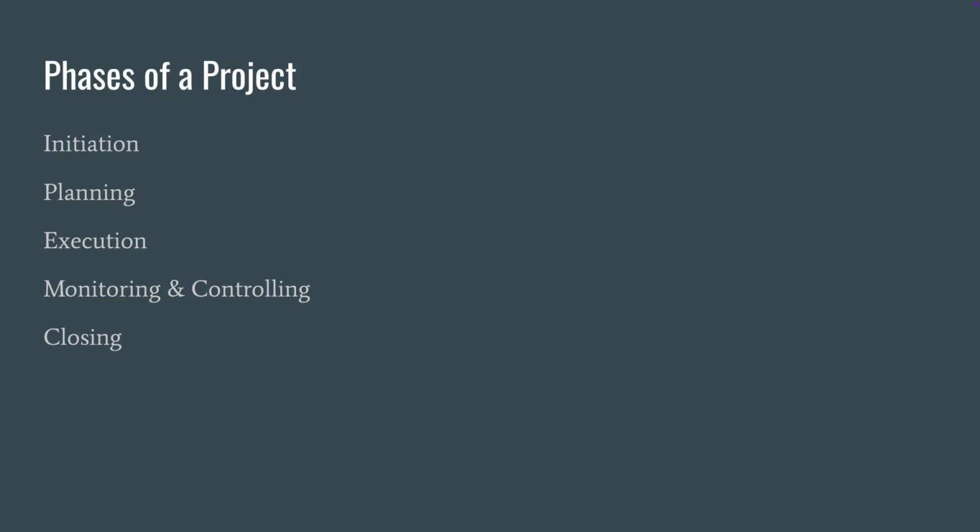Planning is one of the most critical phases, where detailed objectives, scope, resources, schedule, and cost estimates are established. Risk management plans, communication strategies, and procurement plans may also be developed here.